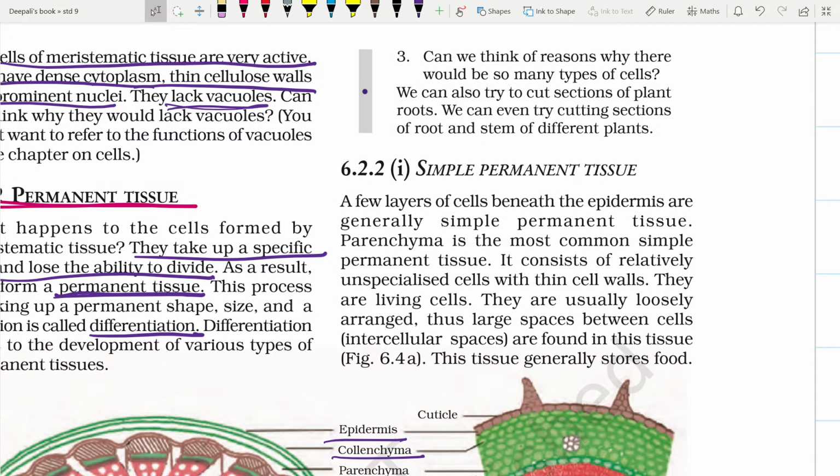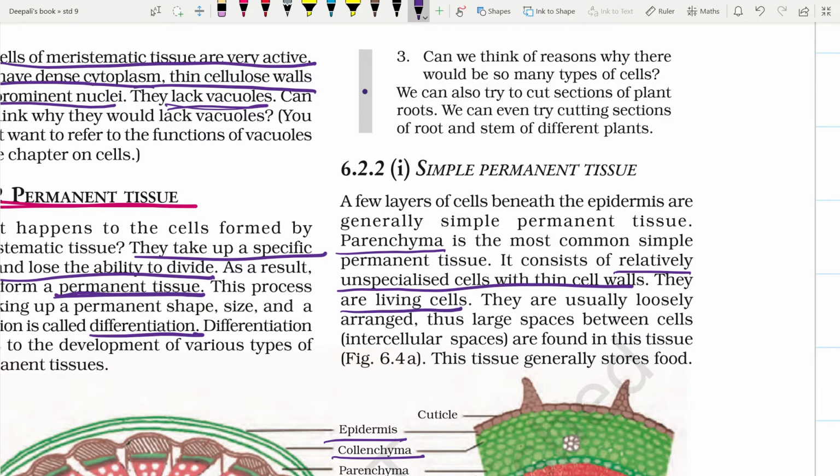So, simple permanent tissue, that is the first type of permanent tissue. A few layers of cells beneath the epidermis are generally simple permanent tissues. They are called parenchyma. It is the most common simple permanent tissue, and it consists of relatively unspecialized cells with thin cell walls, that is the characteristic of the parenchymatous cells.